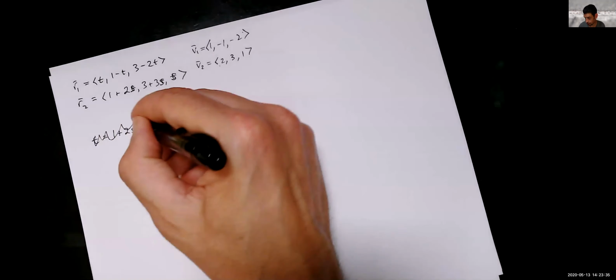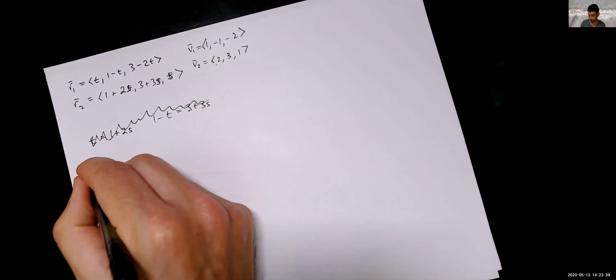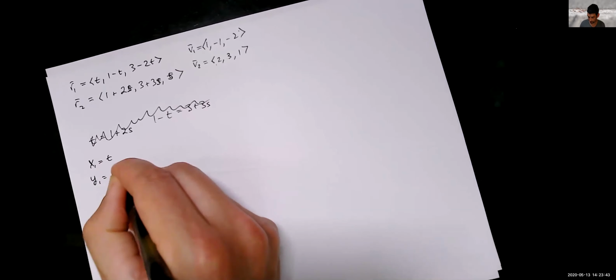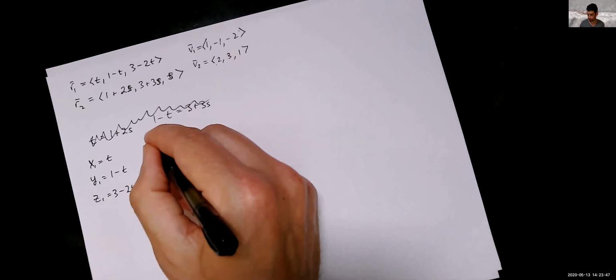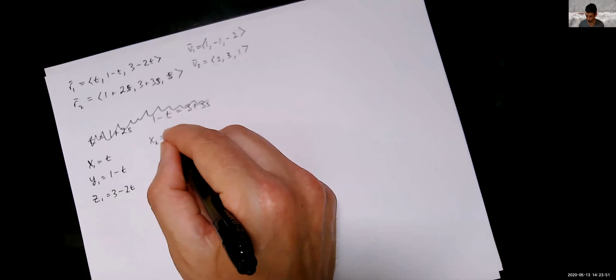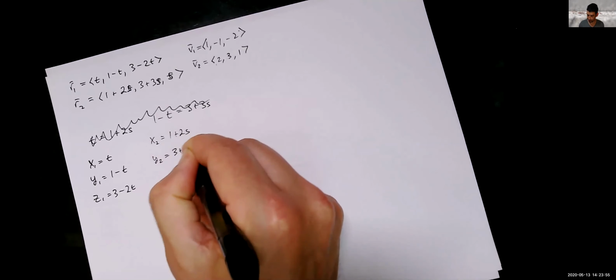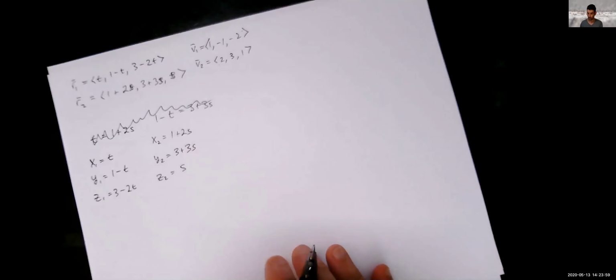Let me rewrite this a little better. Sorry, I'm skipping steps. So from R1, we get x1 equals t, y1 equals 1 minus t, z1 equals 3 minus 2t. From R2, we get x2 is going to be equal to 1 plus 2s, y2 is 3 plus 3s, z2 is s, okay?